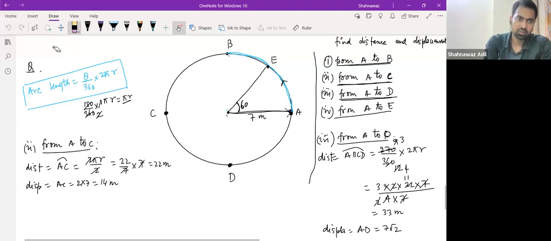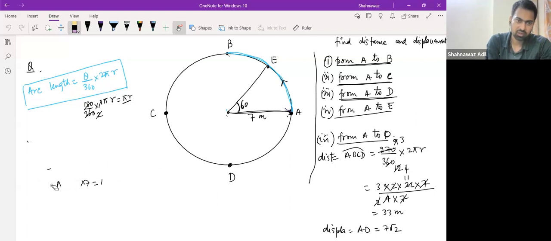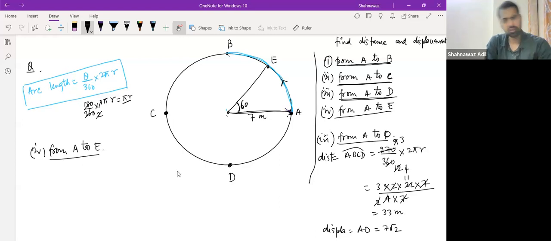So let us do this last part, from A to E. You know that this angle is 60 degrees.